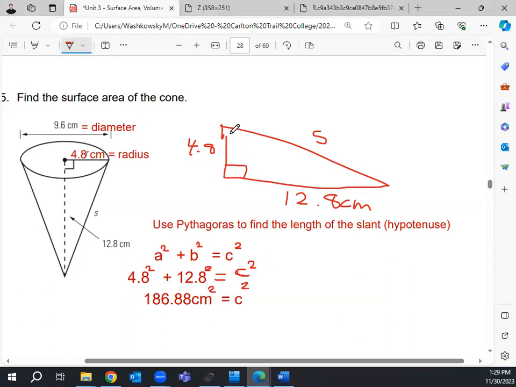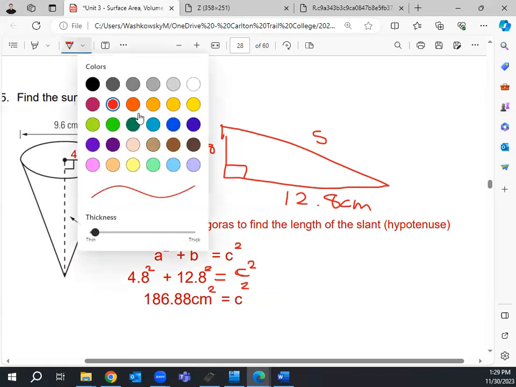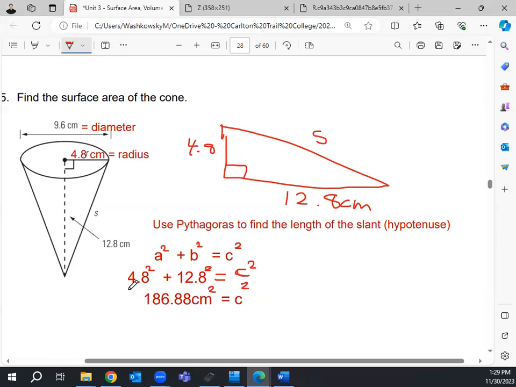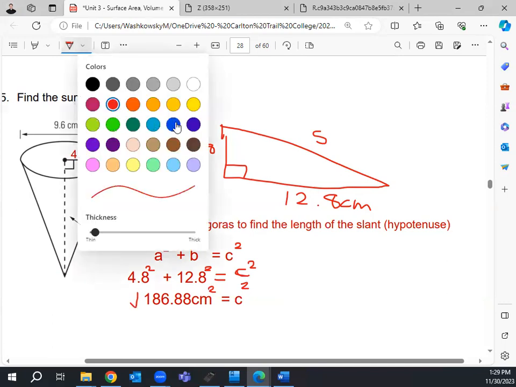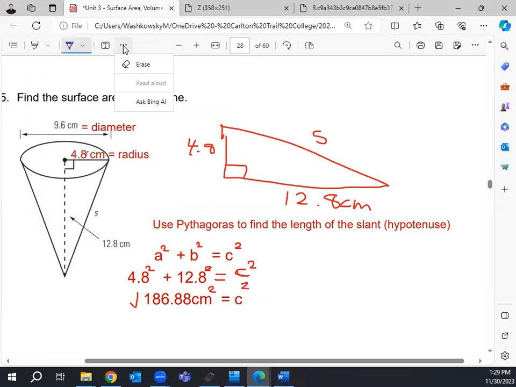But I don't care what the hypotenuse squared is. I care what the hypotenuse is. So, again, this is what we learned in Unit 1. I need to take the square root of this stuff. So all I'm going to do is take the square root of these.